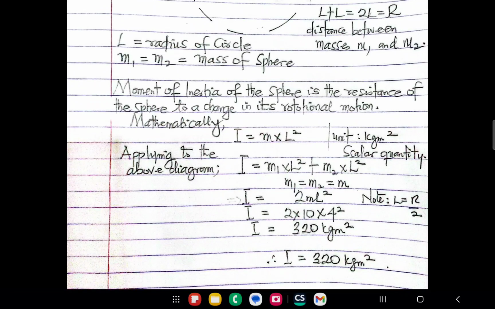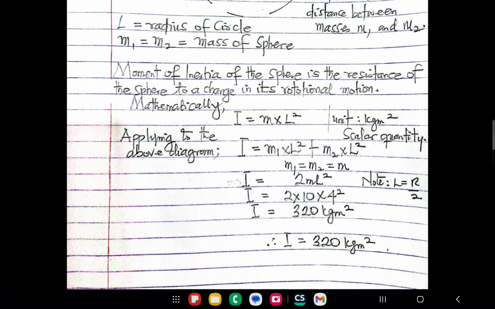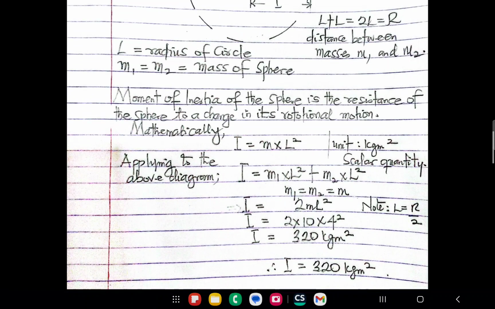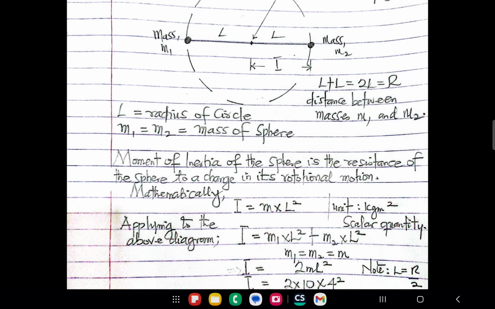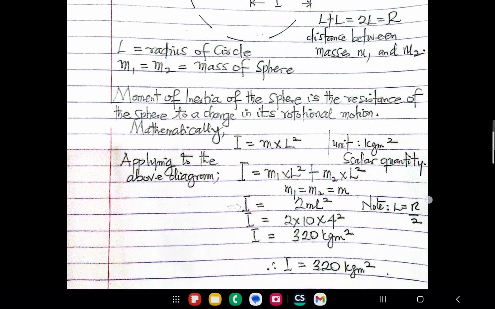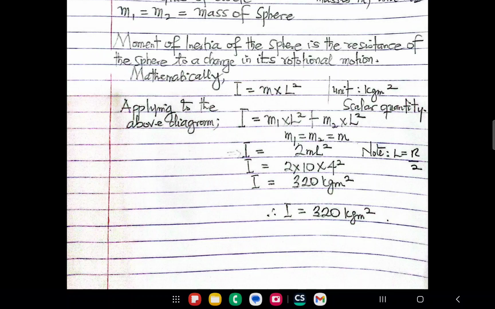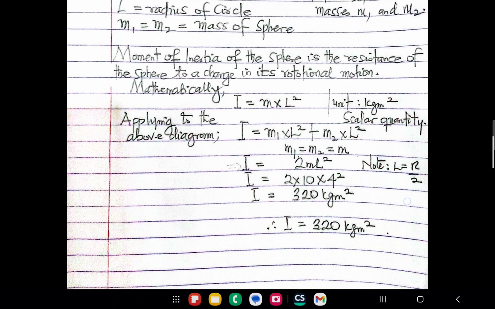So they are the same L, and the masses are also the same. So we can write that our moment of inertia is given as 2 times the mass times the radius squared. All right, so plugging in our values, I is equal to 2 times 10 times 4 squared. We are using 4. The distance from mass 1 to mass 2 is 8, but we are dividing it by 2, and that should give us 4. So our moment of inertia is given as 320 kilogram meter squared.